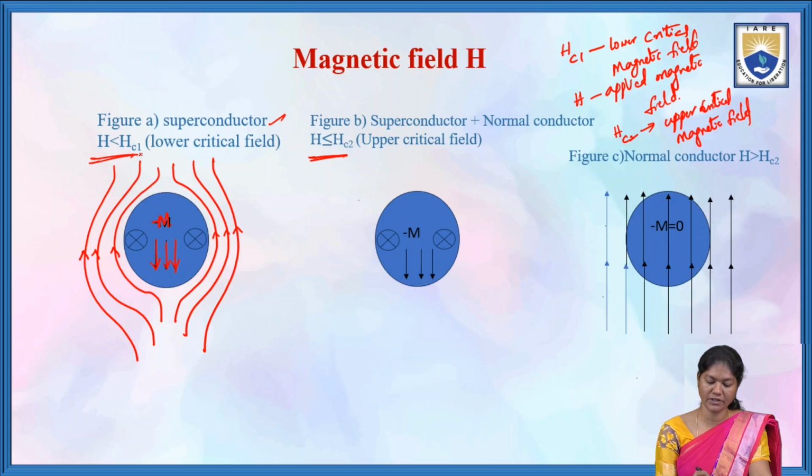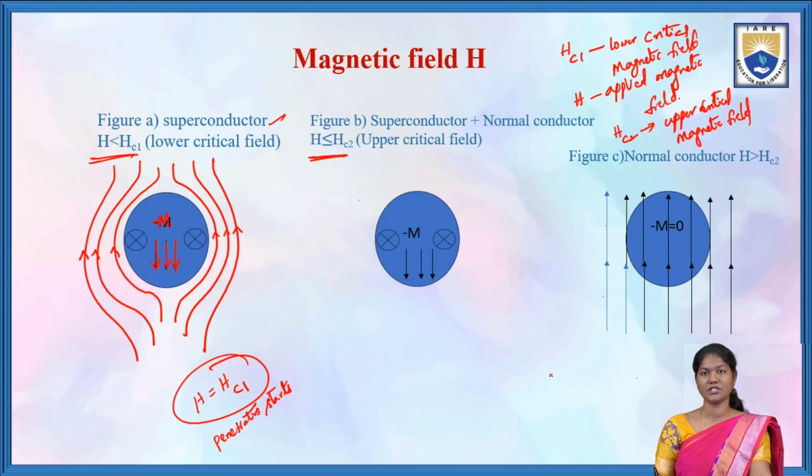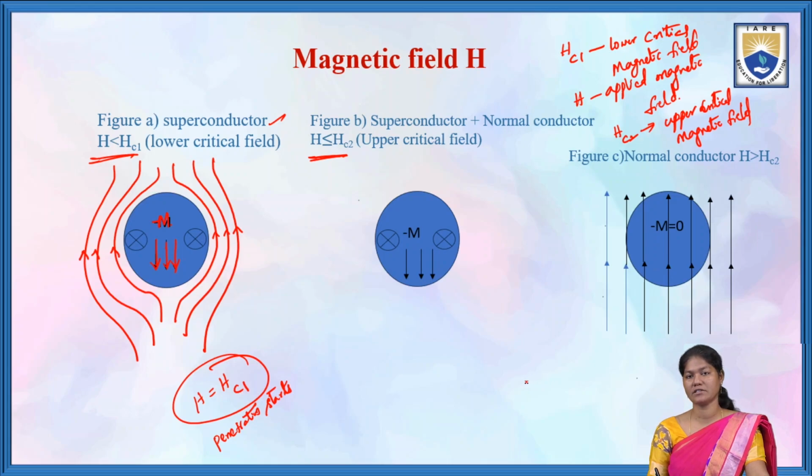When H is equal to Hc1, the penetration of magnetic lines starts, up to H less than or equal to Hc2.